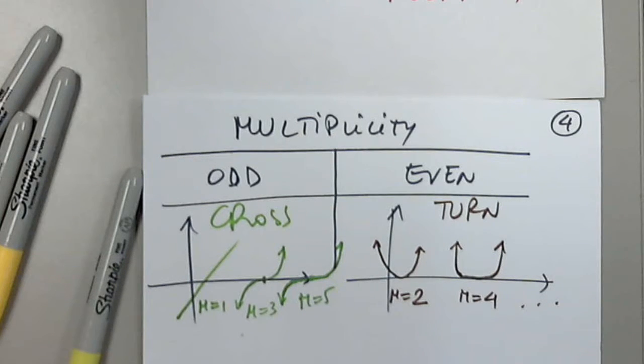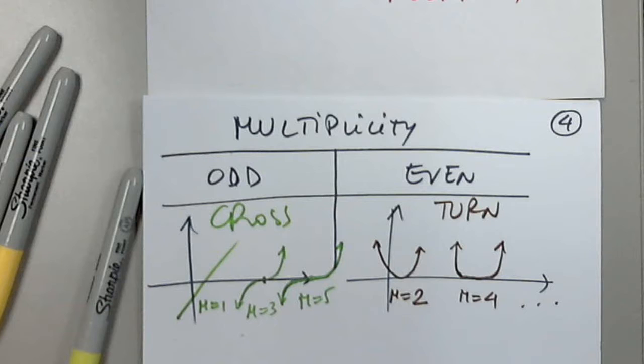So what have we learned? If a 0 or an x-intercept appears once, 3 times, 5 times, or an odd number of times, the function at that x-intercept will cross the x-axis. Multiplicity 1, fast cross. Multiplicity 3, slow cross. Multiplicity 5, very slow cross.